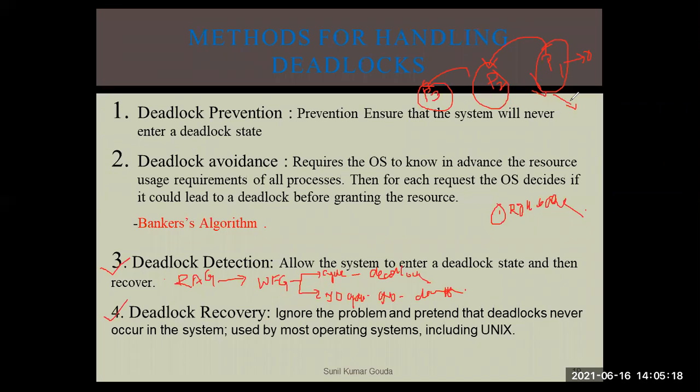The second solution: how most systems recover, whether it is a Windows system or a Unix system. What they use is that they simply ignore the problem. If the deadlock happens, the system simply ignores the problem and behaves as if the deadlock has never occurred.